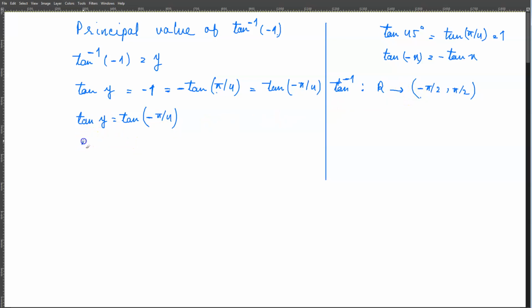Therefore you can write y is equal to negative pi by 4, and therefore the principal value of tan inverse of negative 1 is equal to negative pi by 4.